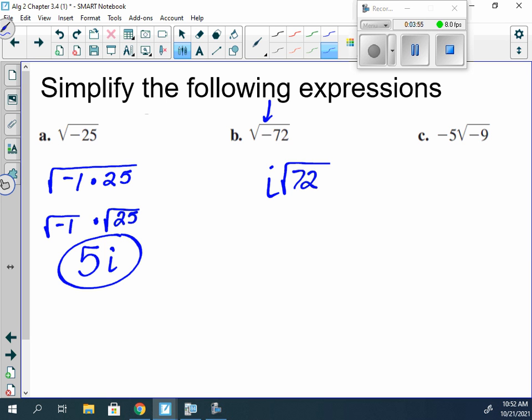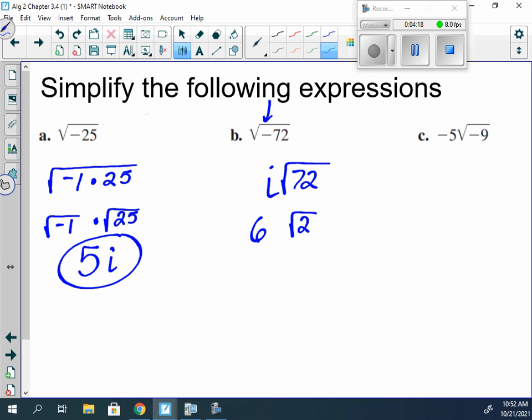Plug that into the yellow calculator and see what it says. 6 square root of 2. Because the yellow calculators will simplify radicals all the way down into their simplest radical form. But what else do we have?